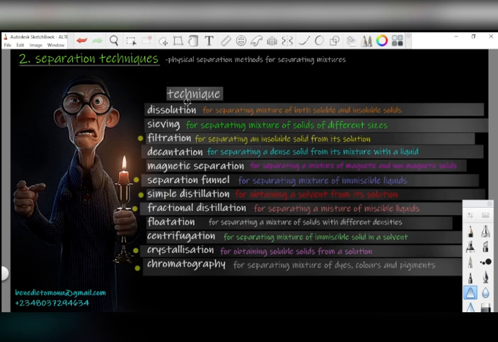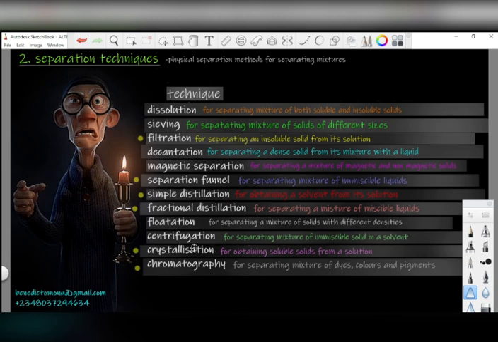Examples of techniques used in the chemistry laboratory for separating physical mixtures are dissolution, sieving, filtration, decantation, magnetic separation, the separating funnel method, simple distillation, fractional distillation, flotation, centrifugation, crystallization, and chromatography.